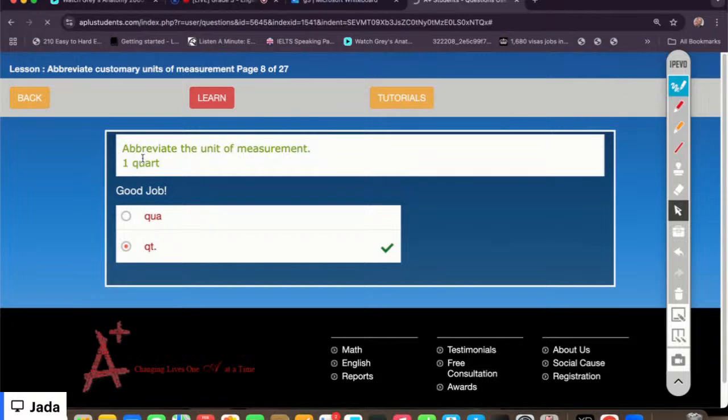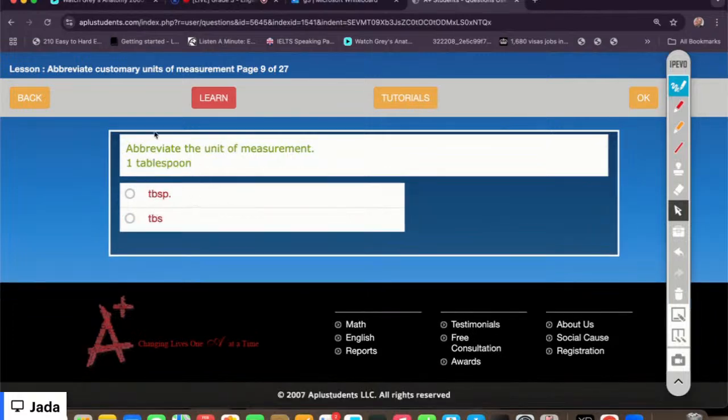All right. So we have 1 tablespoon. What is the abbreviation for 1 tablespoon?